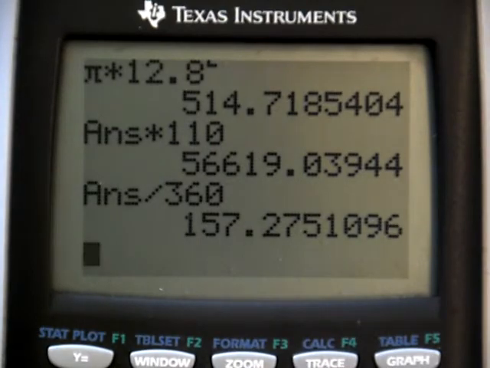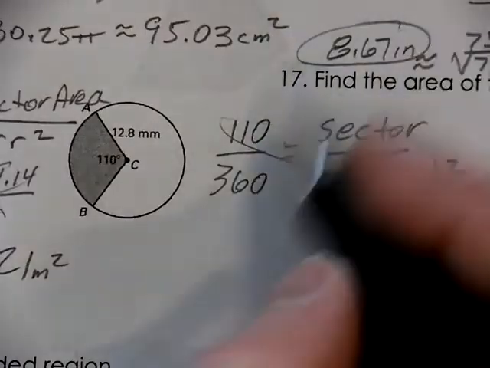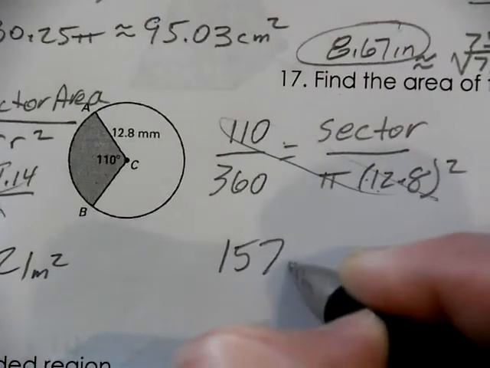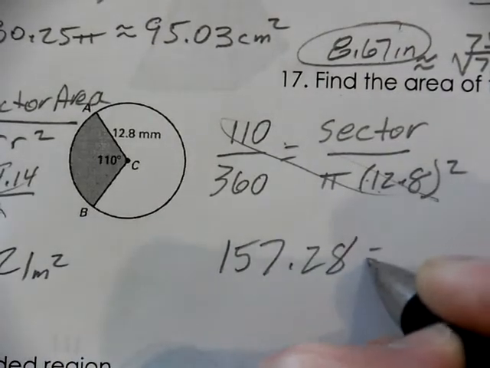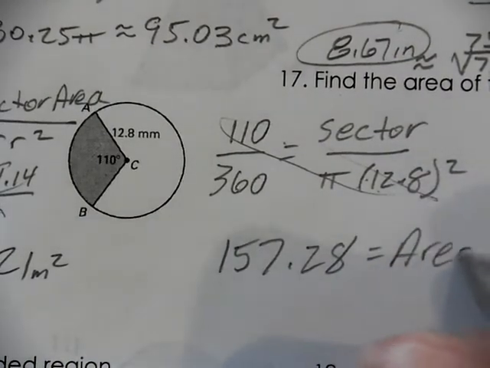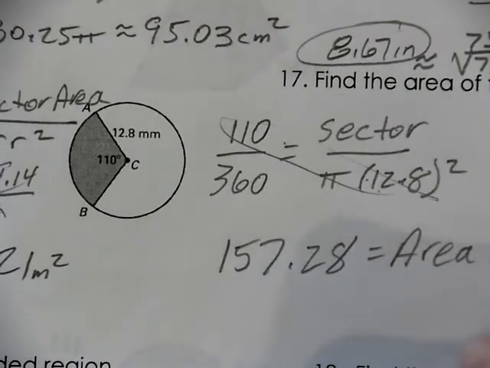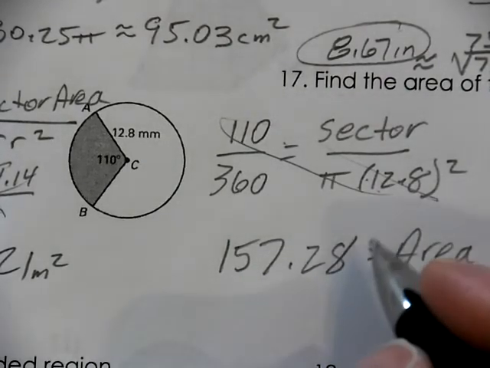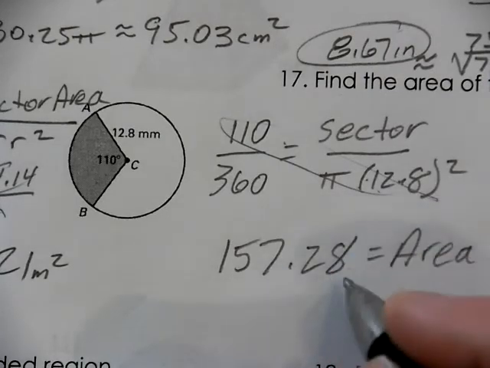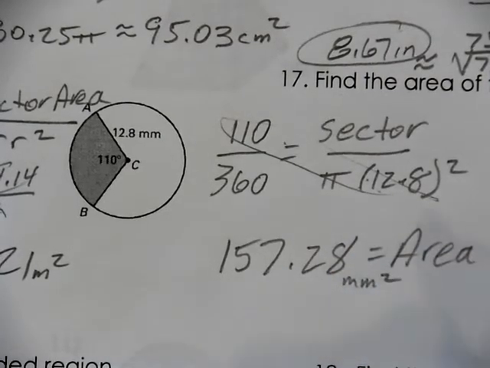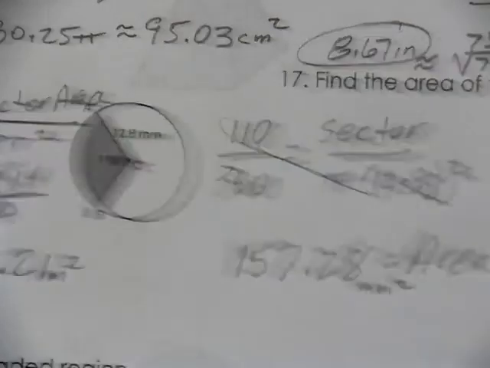It gives us 157.28. Area of the sector. And these are millimeters squared. Square millimeters.